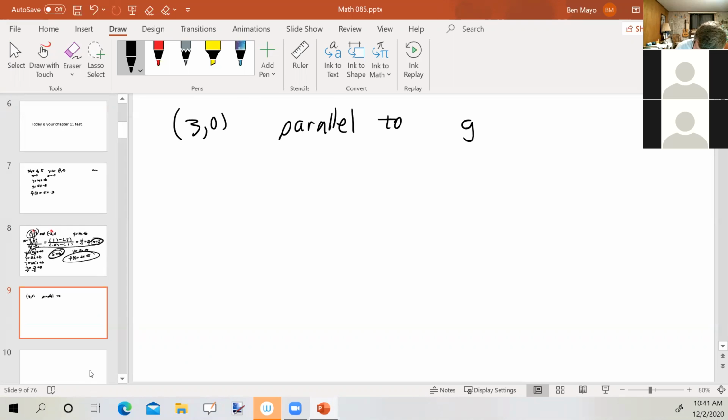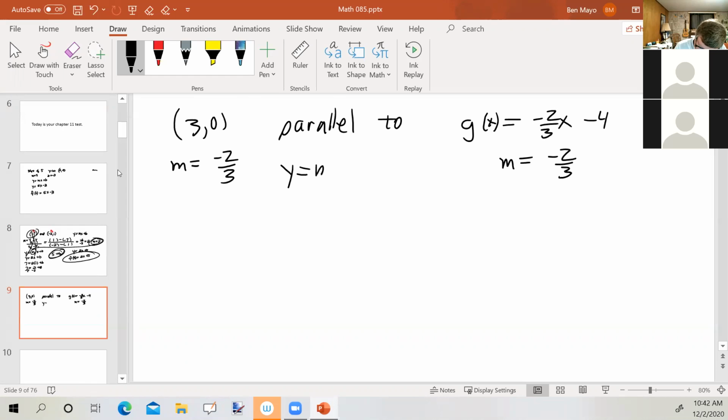the graph of g(x) = -2/3 x - 4. Parallel lines have the same slope. The slope of g(x) is -2/3. So the slope of the line that we're looking for is also -2/3. So using y = mx + b, m, the slope, would be -2/3.